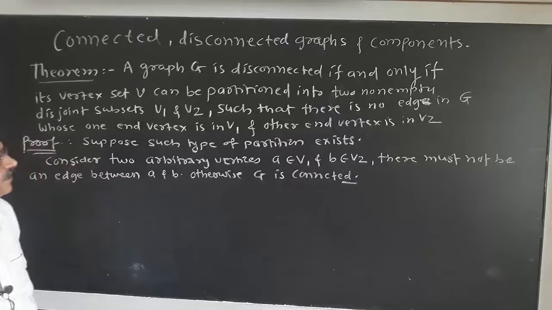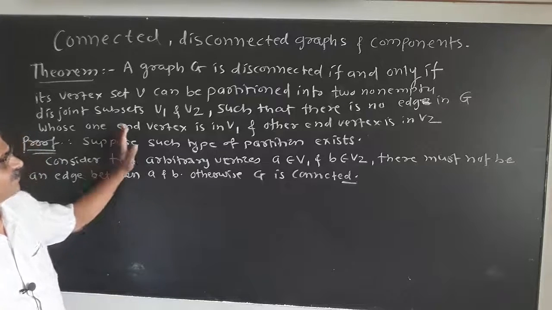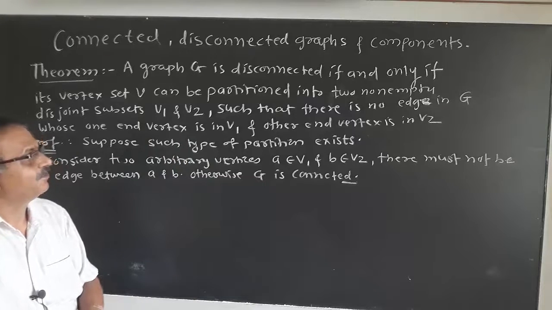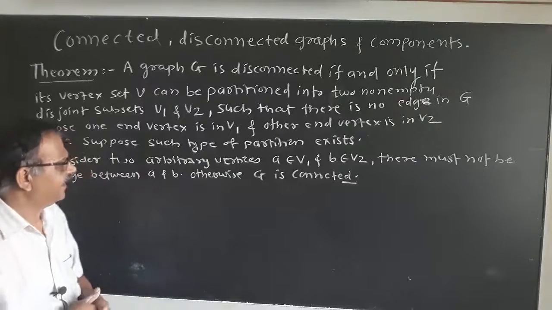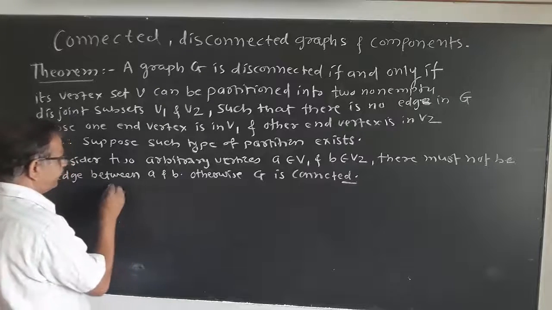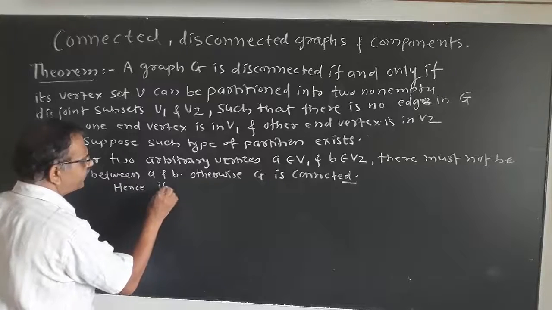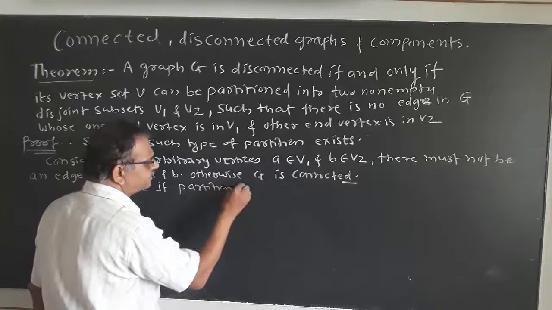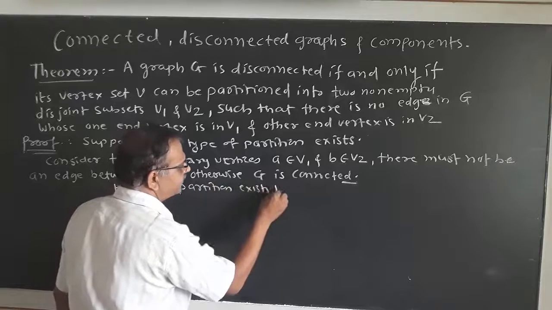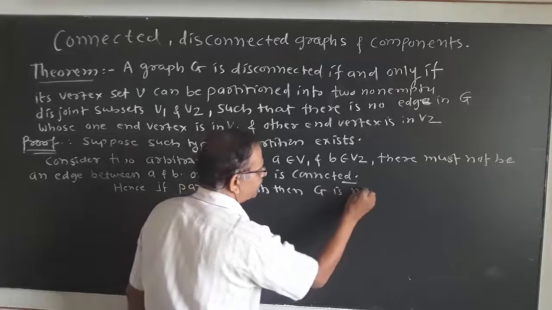That means we have proved that this partition exists, but there is no edge between V1 and V2. Hence, what can you conclude from this? Hence, if the partition exists, then G is not connected.